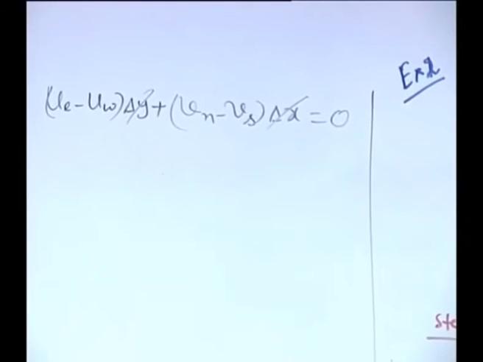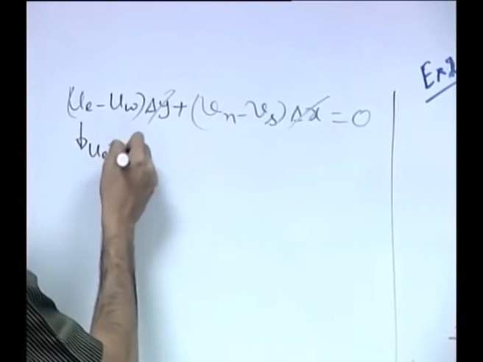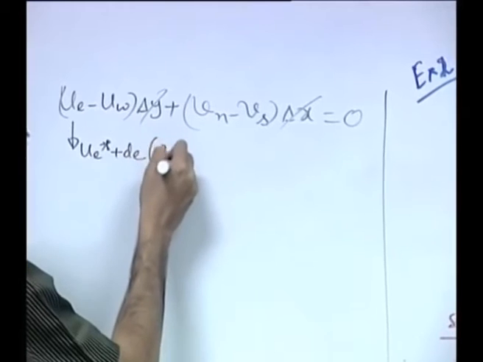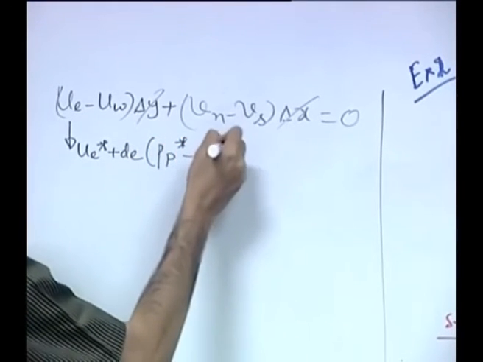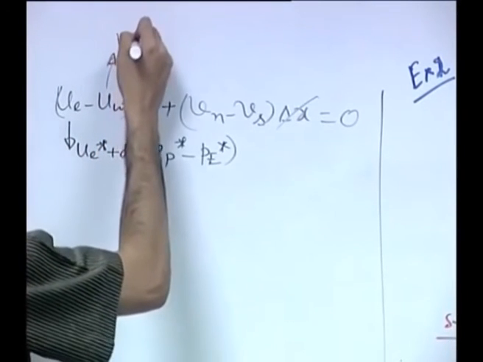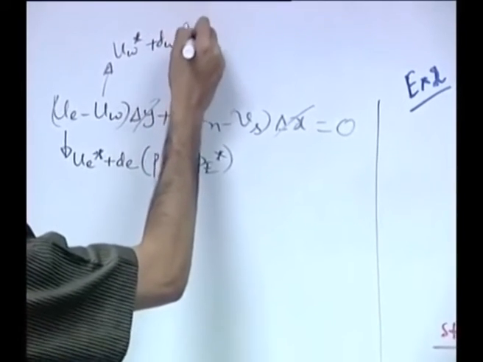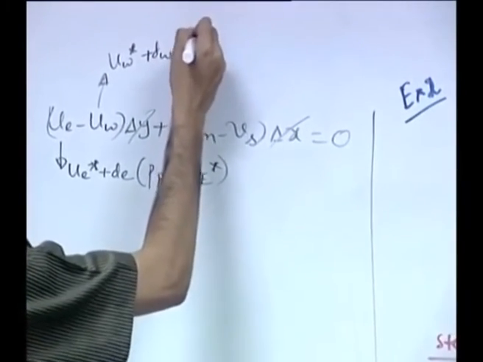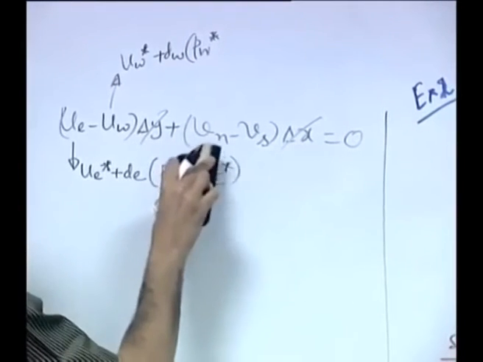In place of Ue you can write Ue star plus dE into Pp dash minus Pe dash. In place of Uw, Uw star plus dW into Pw dash minus Pp dash, these are dash corrections.